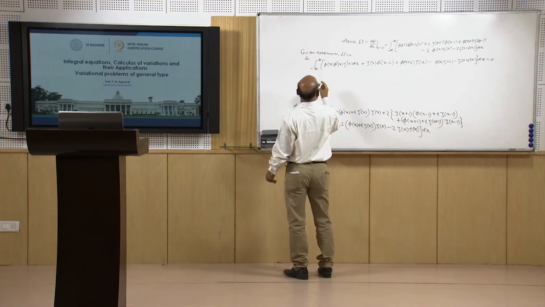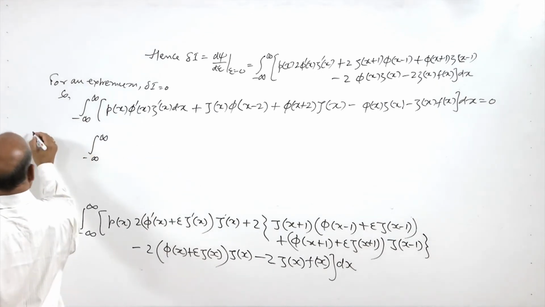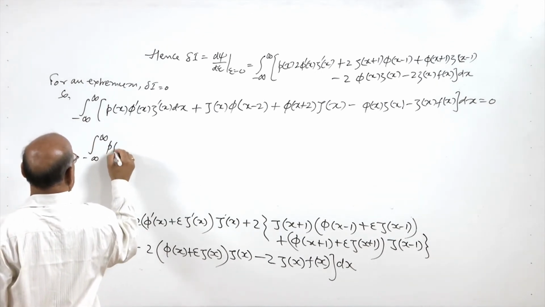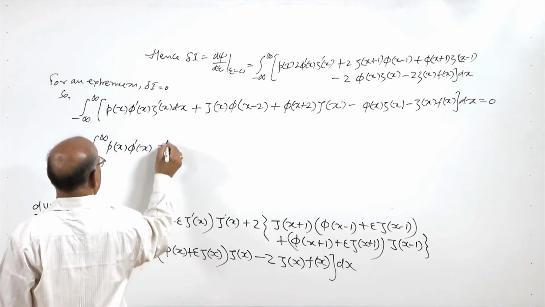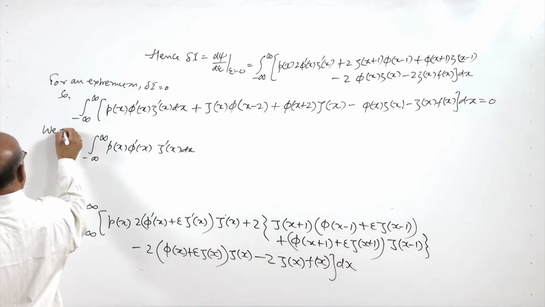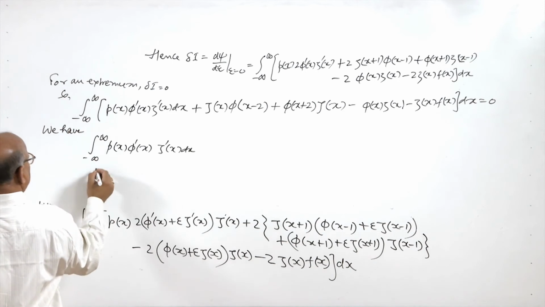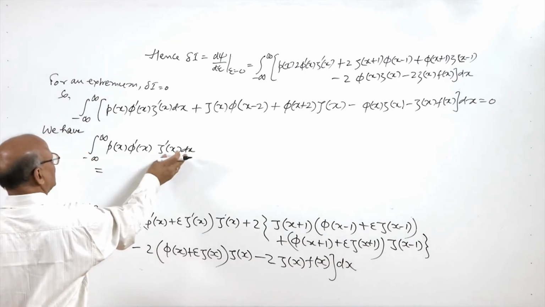Let us look at the first integral here, integrating by parts, p(x) into phi dash x into zeta dash x. We may write this is equal to integration by parts. So this I call as one function, this is second function.